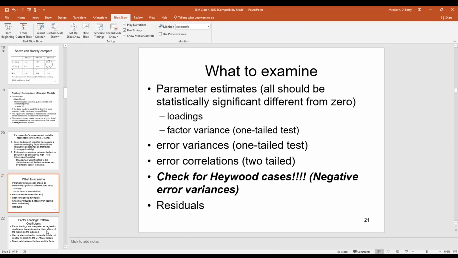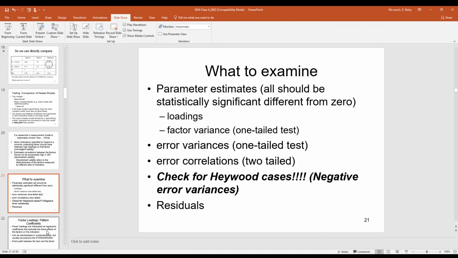And it could be that the parameter estimates that maximize the likelihood of observing our data end up giving you an error variance that is negative. But that's a problem, right? Because we know that variances can't be negative.